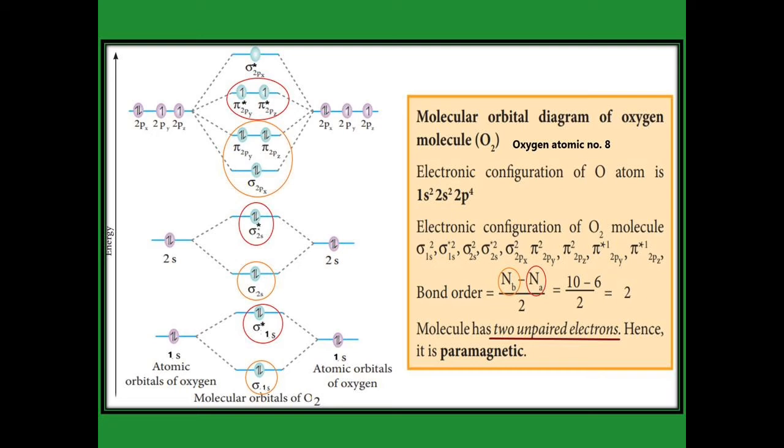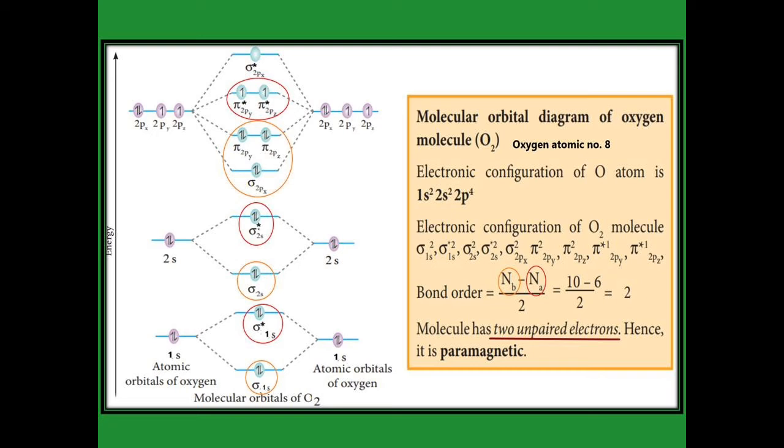Molecular orbital diagram for the oxygen molecule: oxygen atomic number is 8, so the electronic configuration of the oxygen atom is 1s2, 2s2, 2p4. Now we are going to write the molecular orbitals of oxygen. With the help of 1s we get sigma 1s and sigma star 1s, and the corresponding electrons are filled.